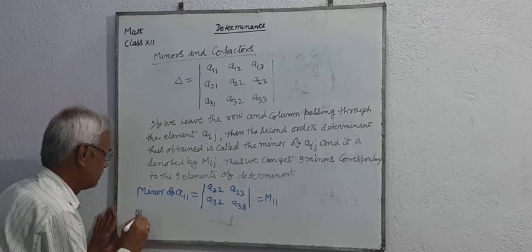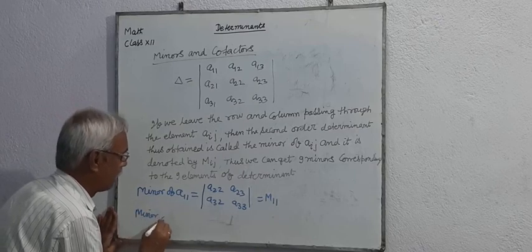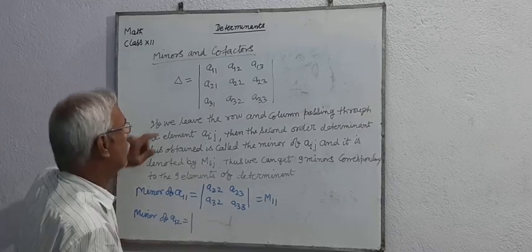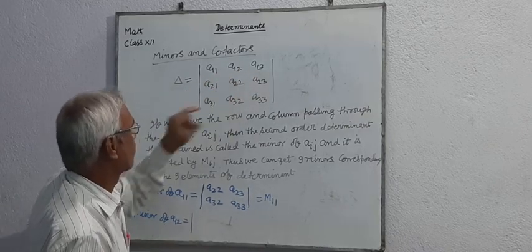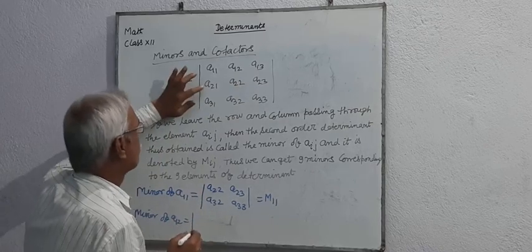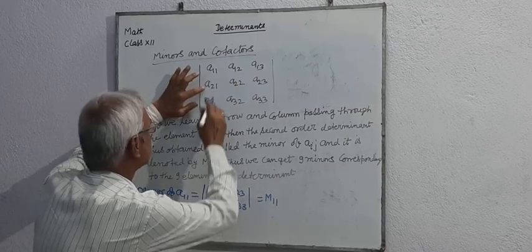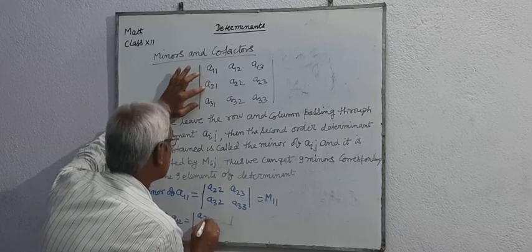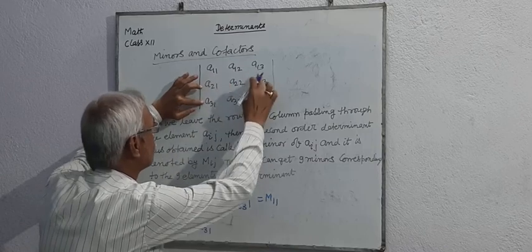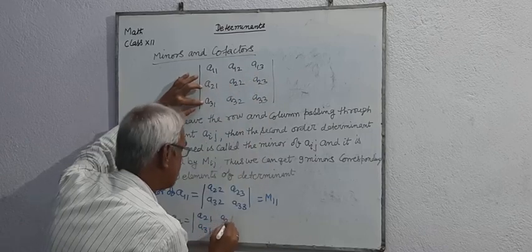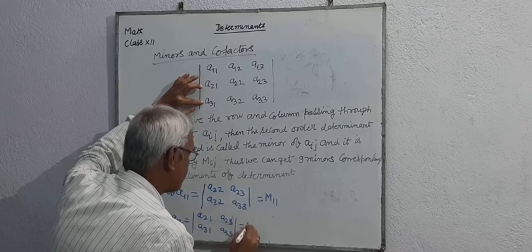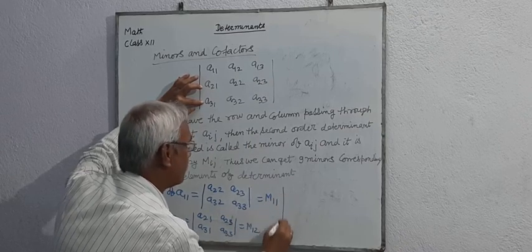Similarly, the minor of a12: leaving the first row and second column, we get the second order determinant a21, a31, a23, a33, which is called the minor of a12.